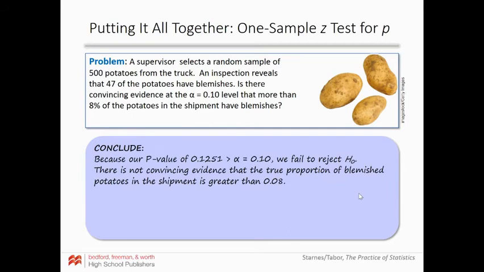And 12.5%, that's pretty common. That could happen pretty often. So because our p-value is larger than our alpha, which is 0.1, we fail to reject H naught. Basically, we do not have convincing evidence that the true proportion of blemished potatoes in the shipment is greater than 0.08. So we do not have convincing evidence of the alternative hypothesis.